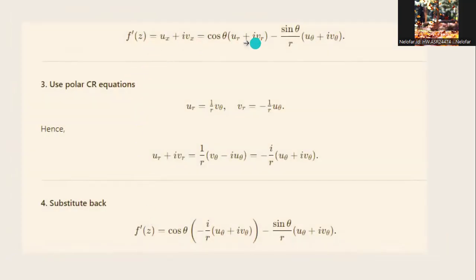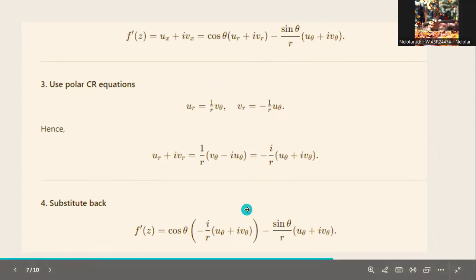So f prime of z now becomes like this, and we use the polar CR equations, since we have proved recently that the polar form of CR equations hold like this. So using these equations, we get ur plus i vr is equal to 1 over r v theta minus i u theta, which on simplification becomes that.